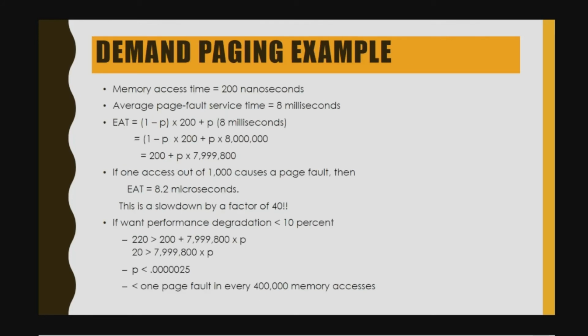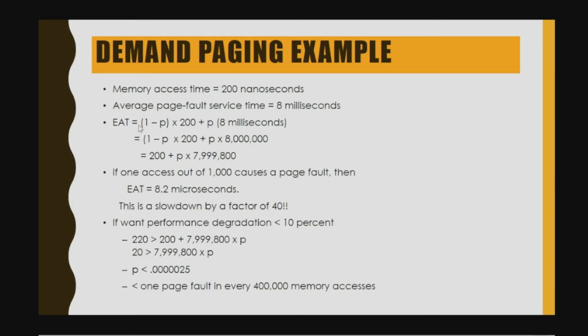So in this example, the memory access time is equal to 200 nanoseconds. The average page fault service time is 8 milliseconds. So you see here, we have different measurements: one is in nanoseconds, another one in milliseconds.